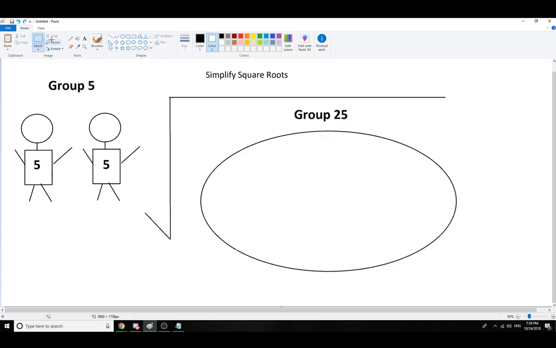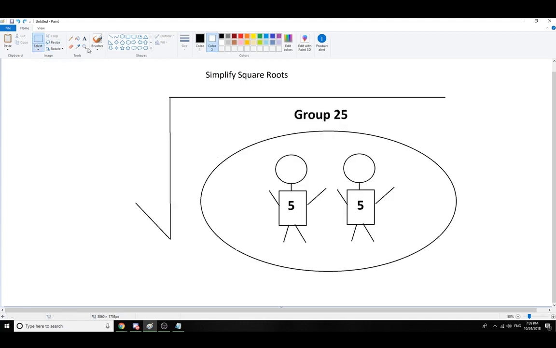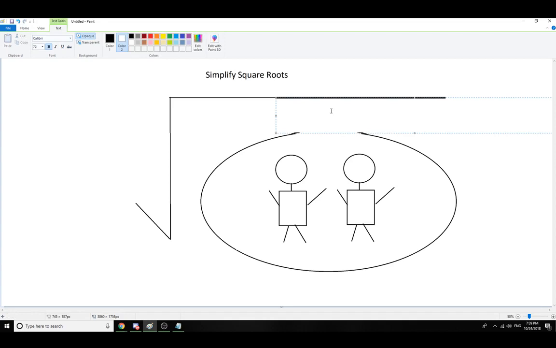Now, what if we backed up here and these people were actually not 5, but instead this group was called Group 99? So now you have an unknown amount of people in your group, but you know that they all have prime numbers.